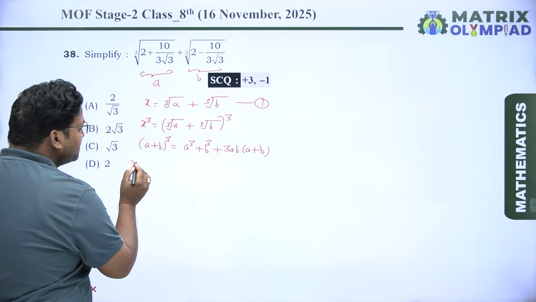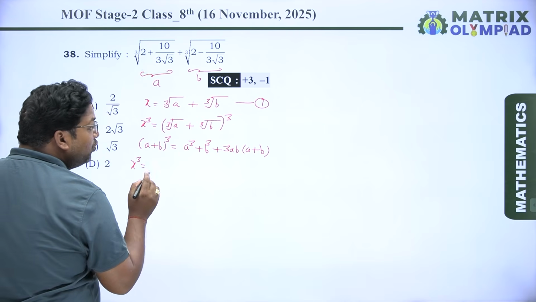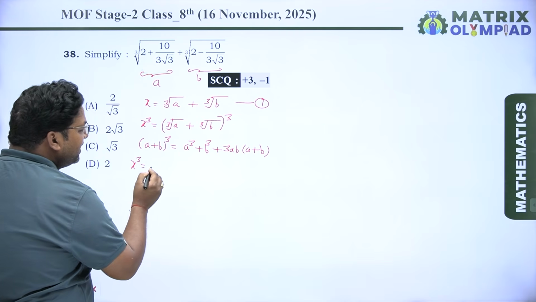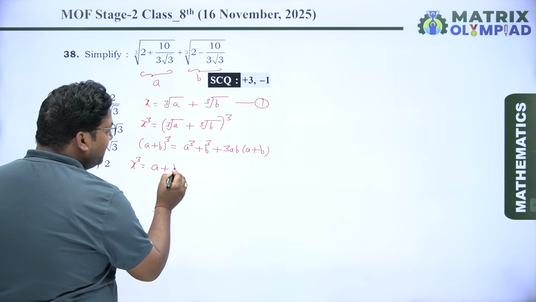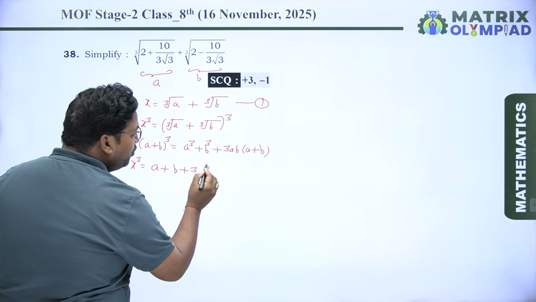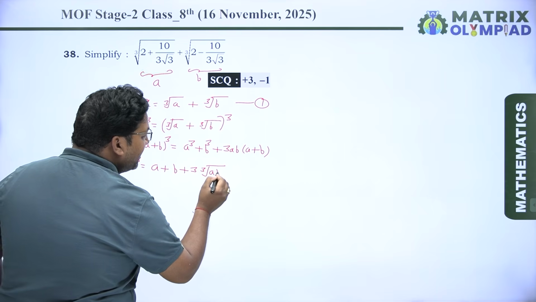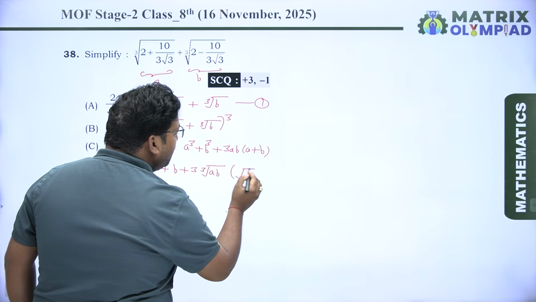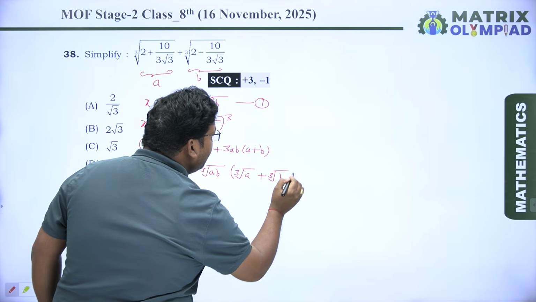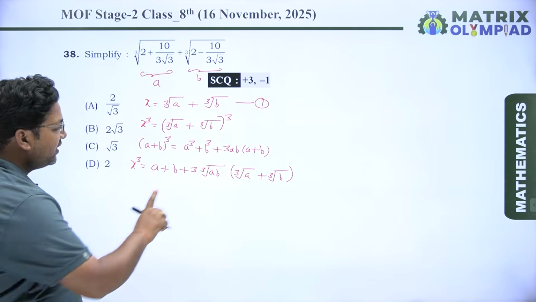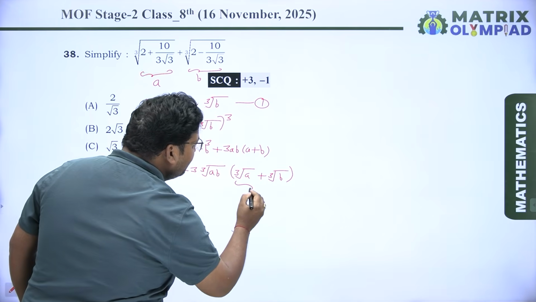So we will get x cube equal to cube root of A whole cube, which is A, plus cube root of B whole cube, which is B, plus 3 into cube root of AB into (A + B). It means cube root of A plus cube root of B. Here you can see cube root of A plus cube root of B is x.